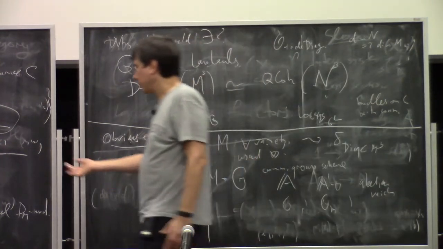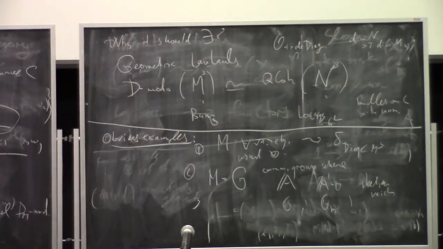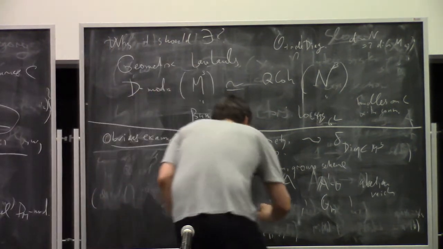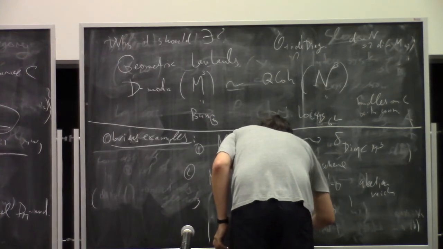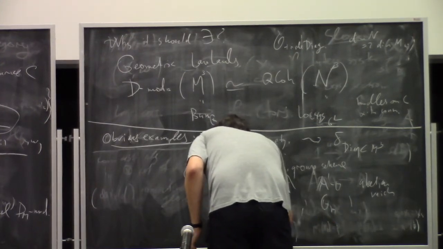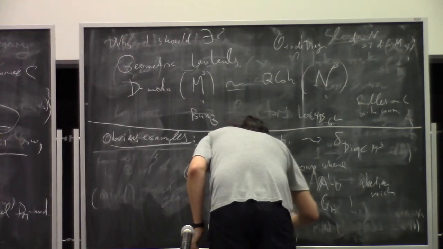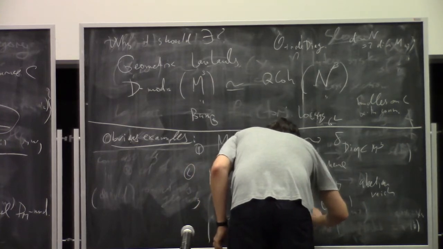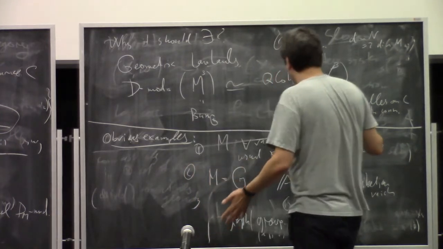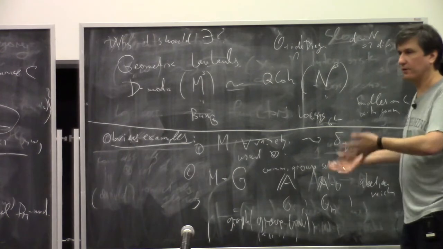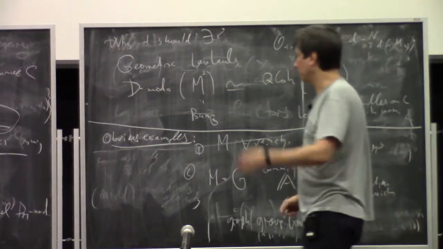And the kernel is given by the delta function of the graph of the group law. Then you get convolution, additive or multiplicative, whatever, convolution for holonomic D-modules.